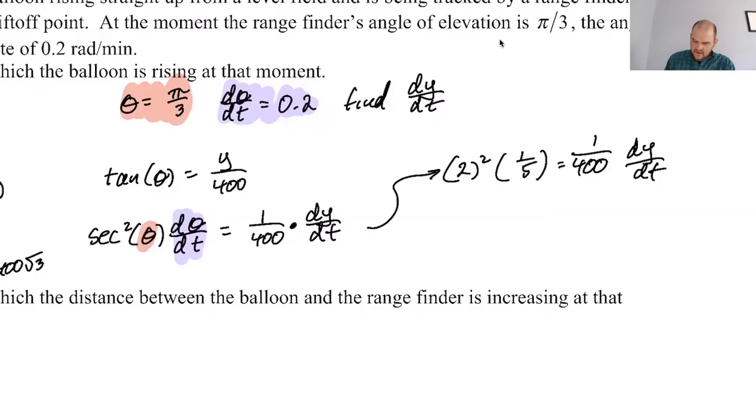So that's 4 over 5, and then times 400 is equal to dy dt. So 400 divided by 5 is 80, and 80 times 4 is 320. So dy dt is 320.